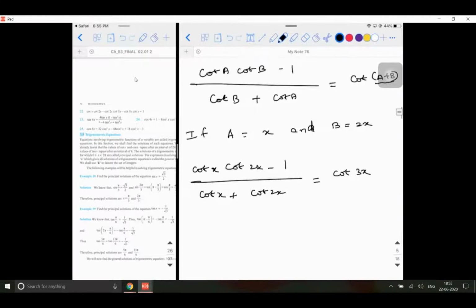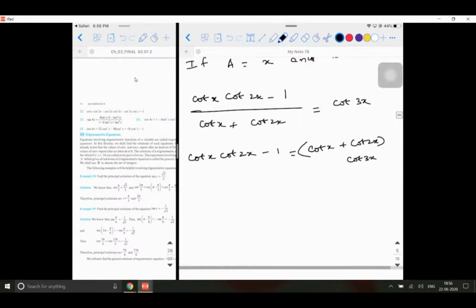Right? Now I will cross multiply. So cot x into cot 2x minus 1 is equal to cot x plus cot 2x into cot 3x. So this will be: cot x into cot 2x minus 1 is equal to cot x into cot 3x plus cot 2x into cot 3x.